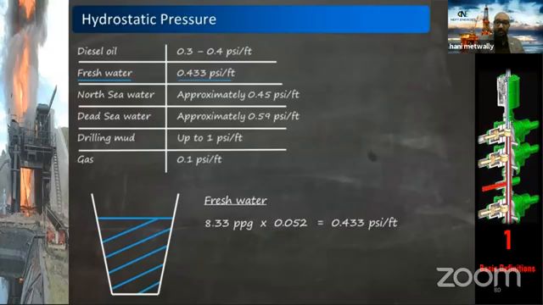But where do we get 0.052 from? Actually, it is a conversion factor to convert pound per gallon to psi per foot. So for example, the freshwater density is 8.33 pounds per gallon. Multiply the freshwater density by 0.052, and you will get the gradient of the freshwater, 0.433 psi per foot.